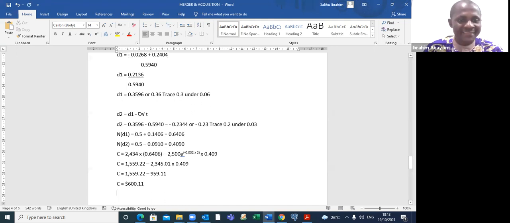The gain is the value of the follow-on product divided by the number of shares.